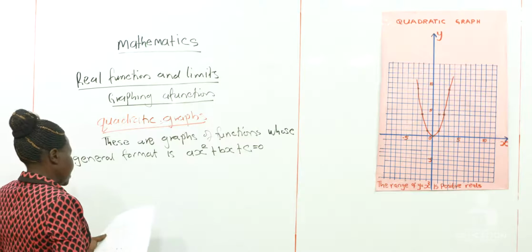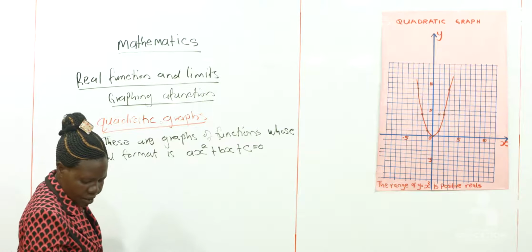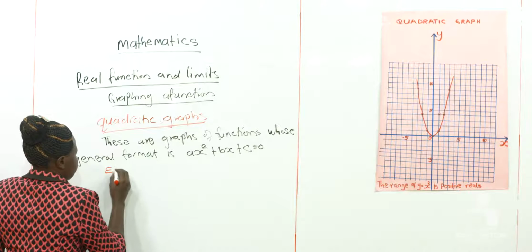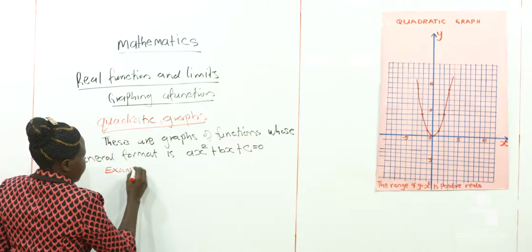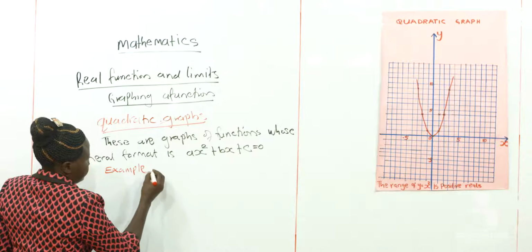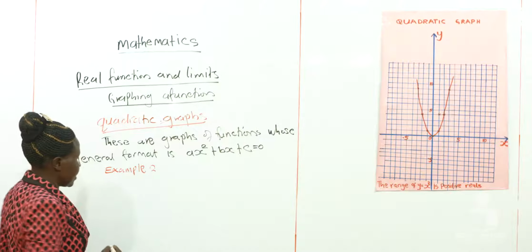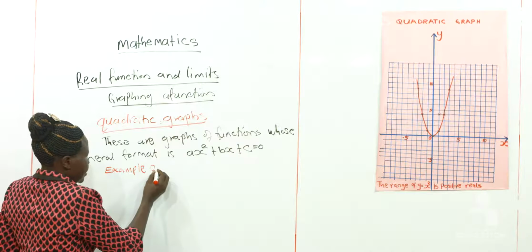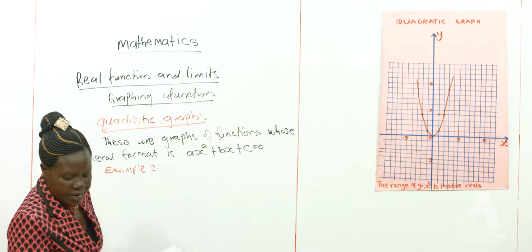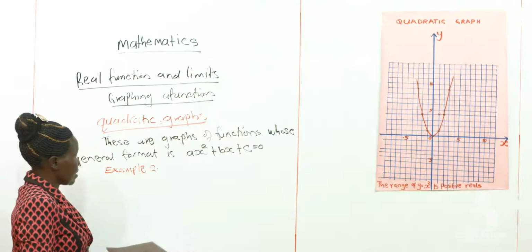So let us look at the example. We can treat this as example 2, because we are still under graphs. Under example 2, we are specific on a quadratic graph.